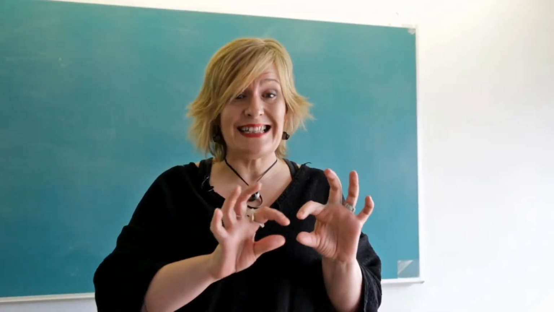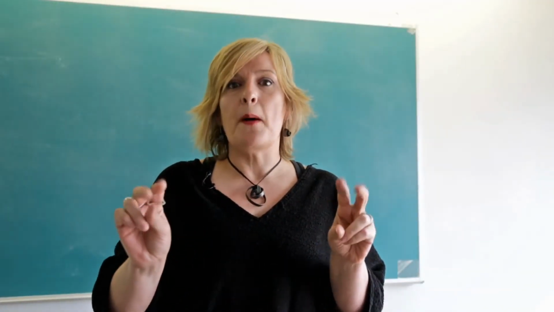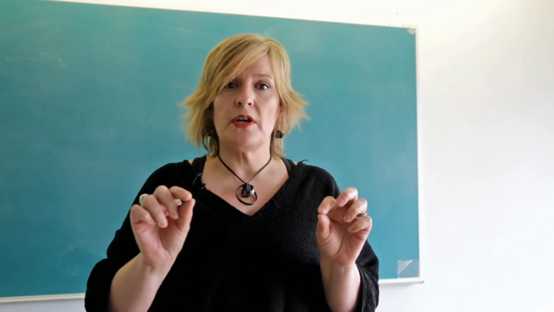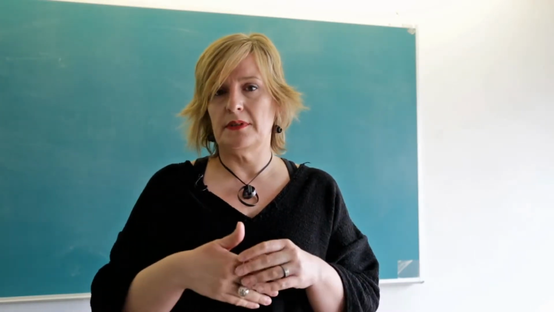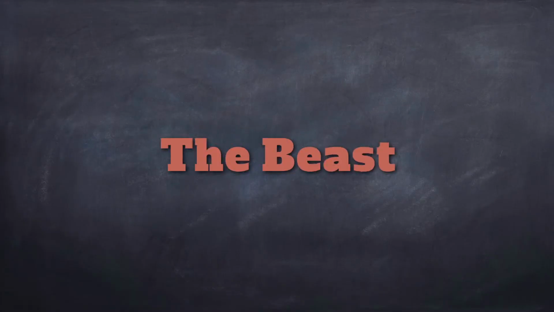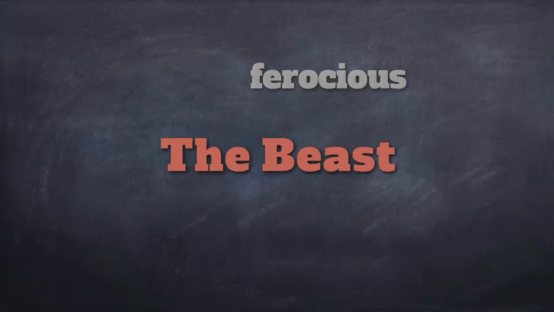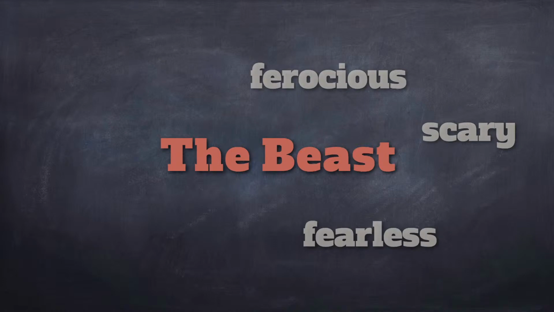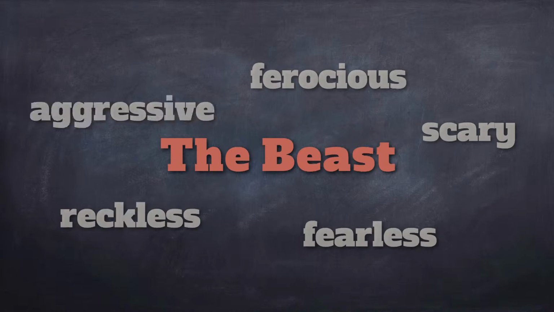The whole path is designed to prove the point that the coaster is, well, a beast. And so every part of the roller coaster somehow supports one of the features of a beast. It makes a statement to prove that the coaster is the beast. For example, it's ferocious, scary, fearless, reckless, very aggressive.